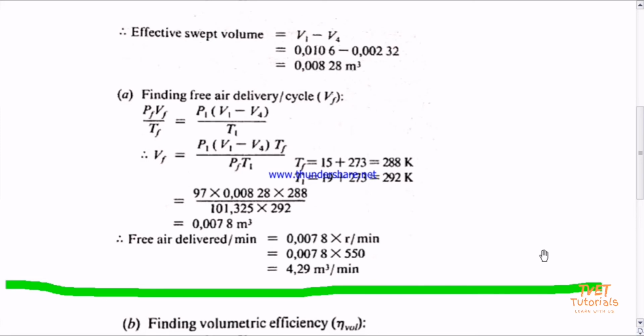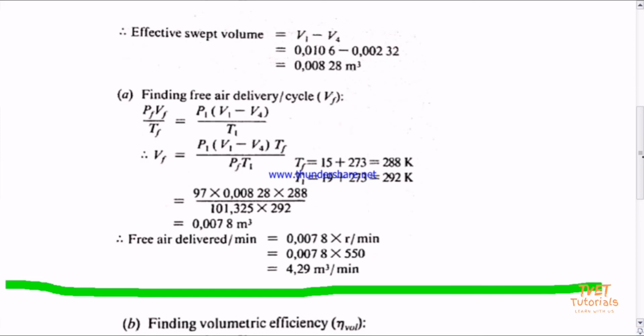Then now the question asks us to find the free air delivery per cycle. Free air delivery is the air that is delivered based on the atmospheric condition. So because of the relationship between the PVs, we notate our free delivery as F. Then we take the conditions at 1.